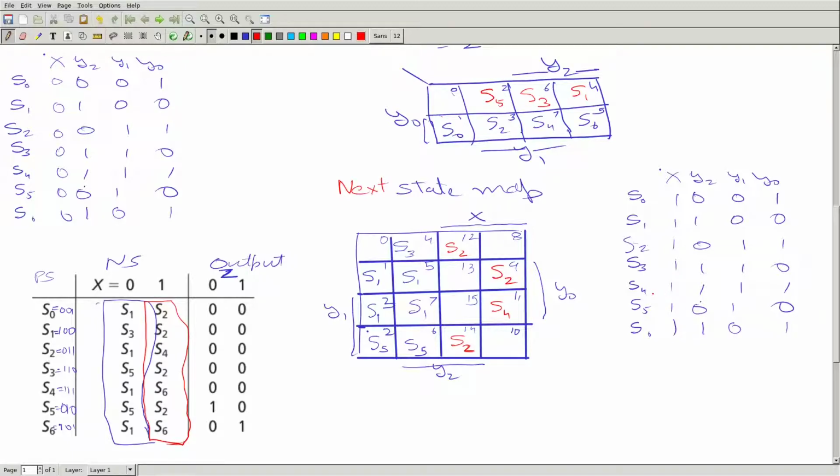And when S4 is our current state, that is 15, and our next state is S6. And when our current state is 1, 0, 1, 0, that is 10, then our next state is S2 again.